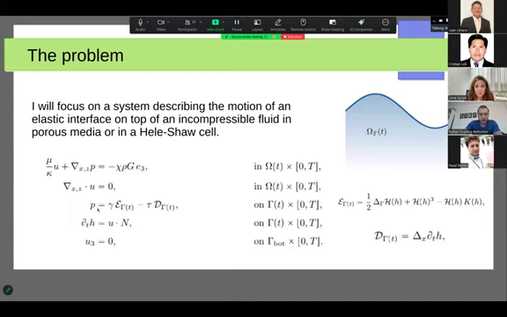So the pressure of the fluid on gamma, on capital Gamma, satisfies this boundary condition. Capital E is just this elastic operator. H is the mean curvature, capital K is the Gauss curvature, and delta sub gamma is the Laplace-Beltrami operator.